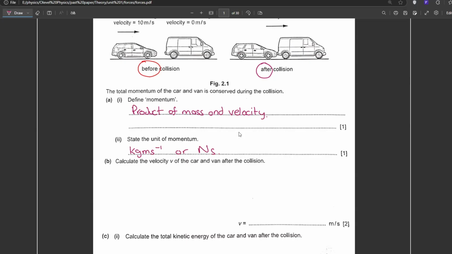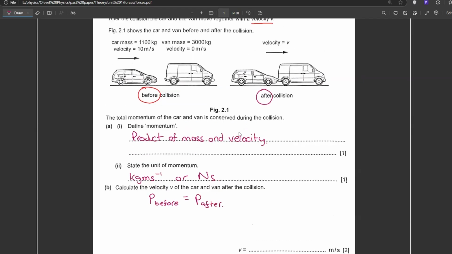Calculate the velocity v of the car and van after collision. So what can we apply? We can apply the law of conservation of momentum. Total momentum before collision is equal to total momentum after collision. What will be your total momentum before collision? 1100 kg car multiplied by the velocity, that is 10, plus 3000 kg van, at a velocity of 0.